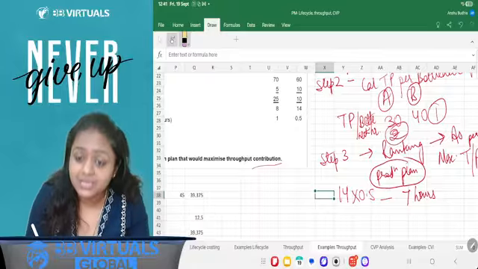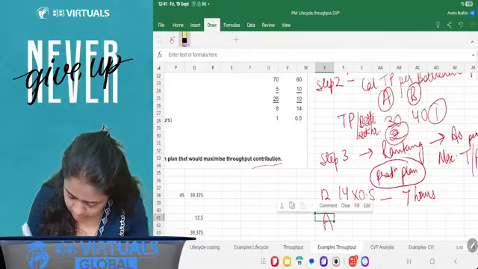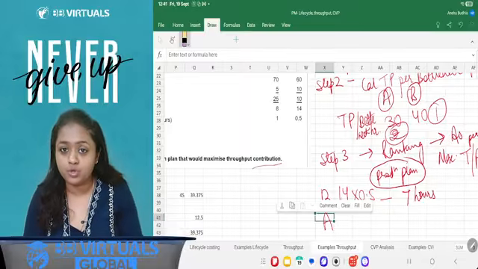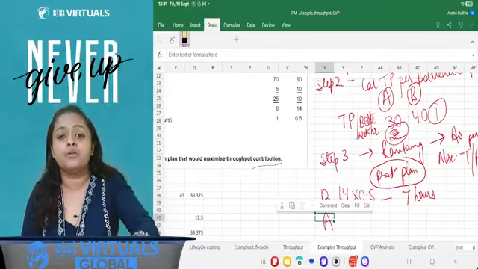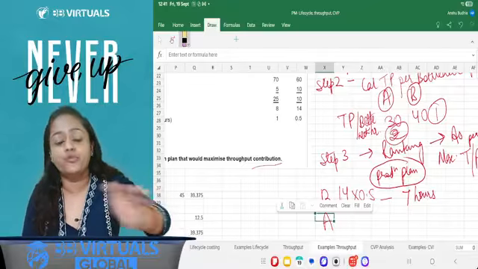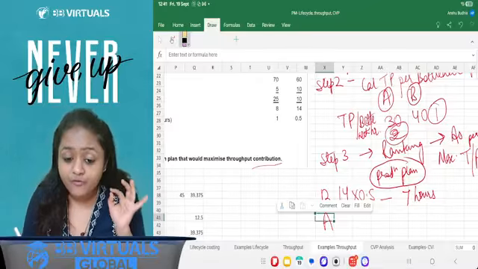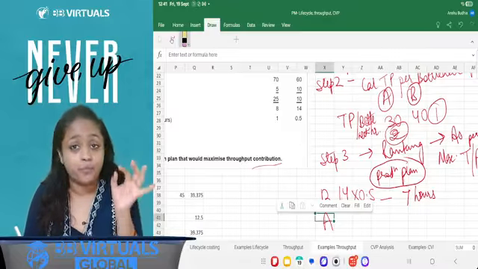Okay, how much we can make for product B? We can make 14 units full because it is giving us the maximum throughput. So remember people, the first ranking product should be always made in full, 100% to the fullest capacity. So we are going to make full 14 units. Each unit requires 0.5 hours of process 2.